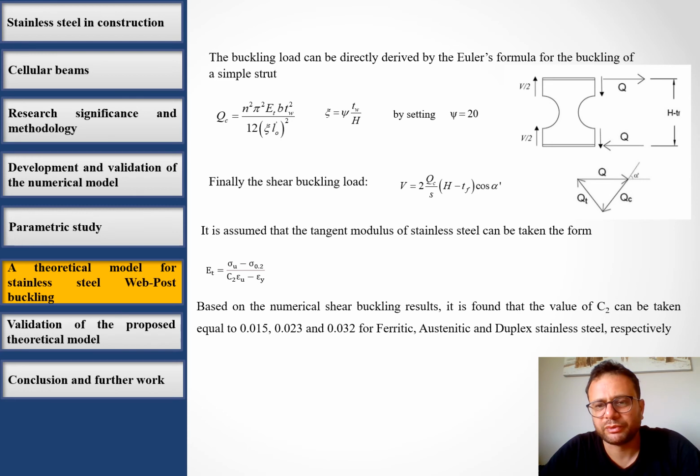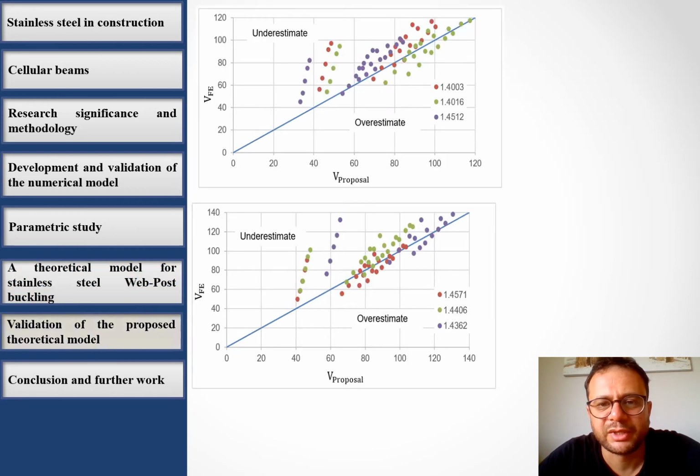But if we use that equation, we have a complex relationship requiring an iterative method. So we use a bilinear relationship for stainless steel, which is also widely used. C2 in this equation should be identified, and the value of C2 is 0.015, 0.023, and 0.032 for ferritic, austenitic, and duplex stainless steel respectively.